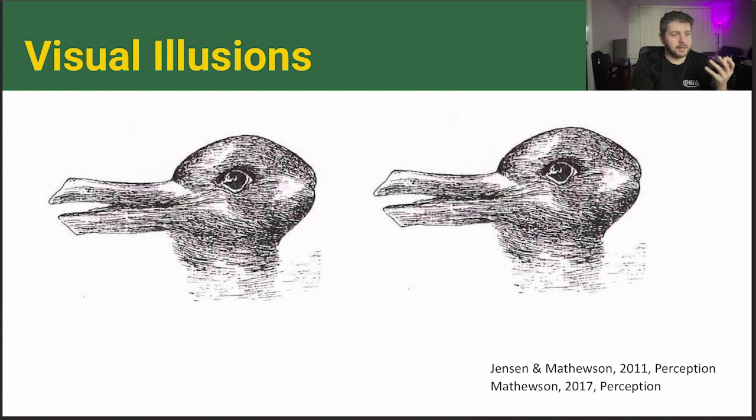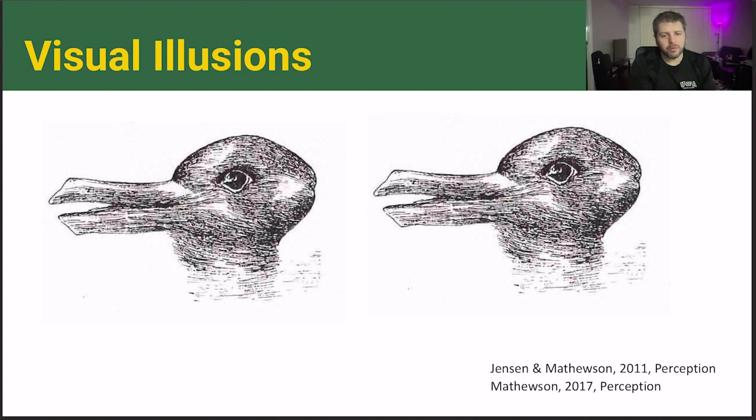This implies that there's a top-down mechanism that is being applied to the visual input in order to influence whether we see a rabbit or a duck.